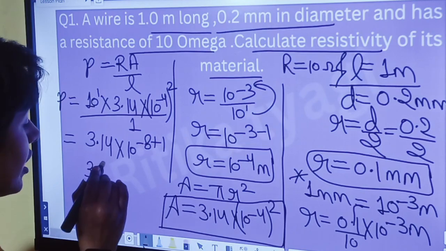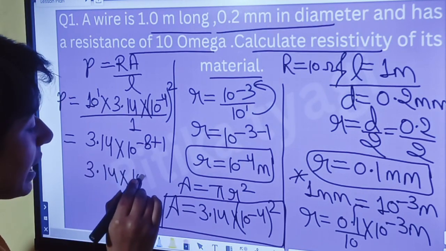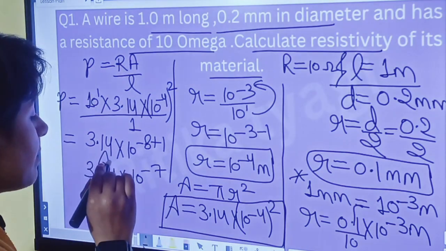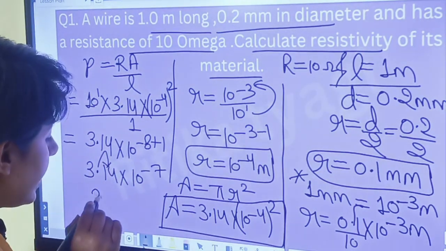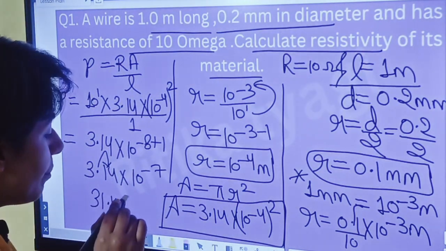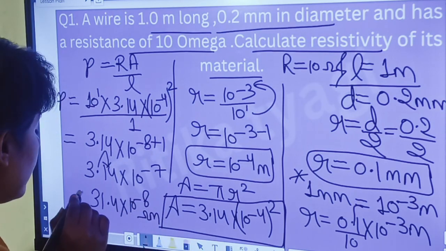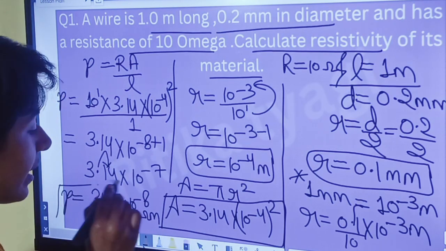Then it is 3.14 multiplying 10 to the power negative 7. On displacing the decimal by 1 digit, we get 31.4 multiplying 10 to the power negative 8 ohm meter, resistivity of this wire.